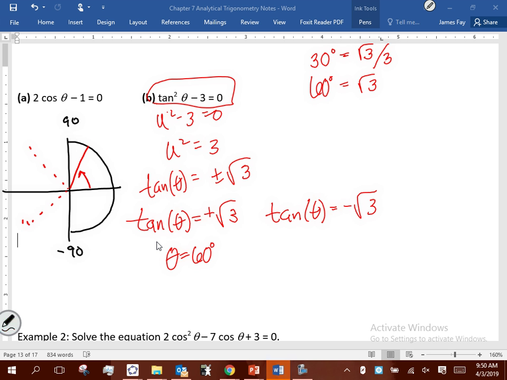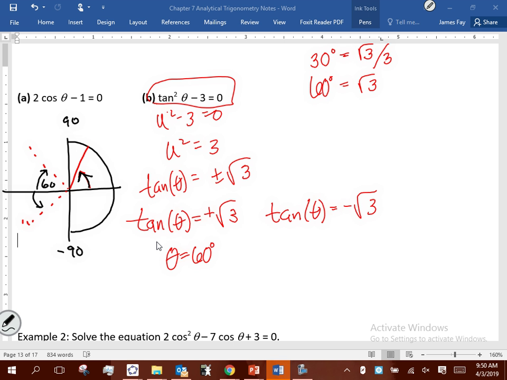Reflections are isometries, meaning distance is preserved, meaning that angle there and that angle right there have to be the same, right? So that angle right there is 60 degrees. When I reflect that over the x-axis, that angle there is 60 degrees. Does that make sense to everybody?